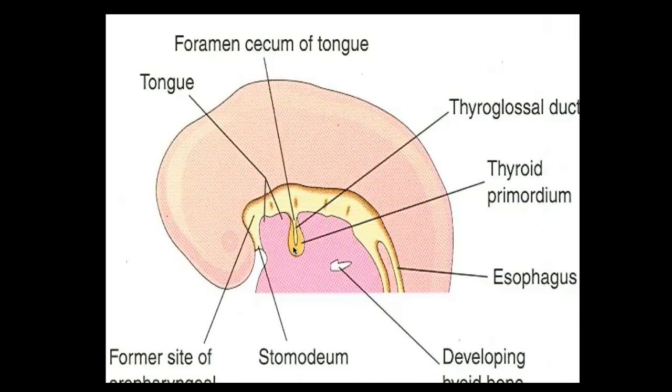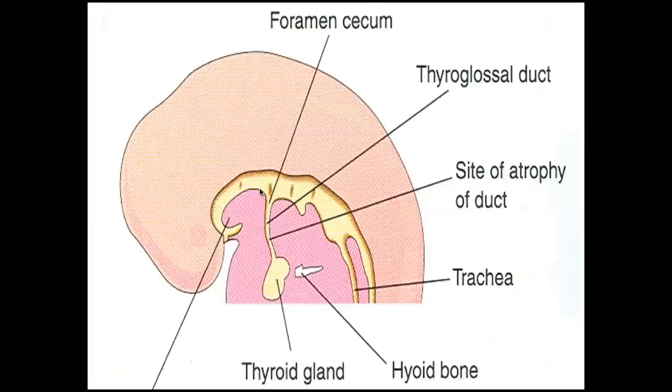Okay, now slowly what is happening? This is the neck region of the embryo. Now the embryo grows and the neck becomes longer. Okay, you can see that it is growing onto the surface of the heart. This is the surface of the heart and the hyoid bone is growing. So in front of the hyoid bone, you can see the long thyroglossal duct and the thyroid gland developing from there.